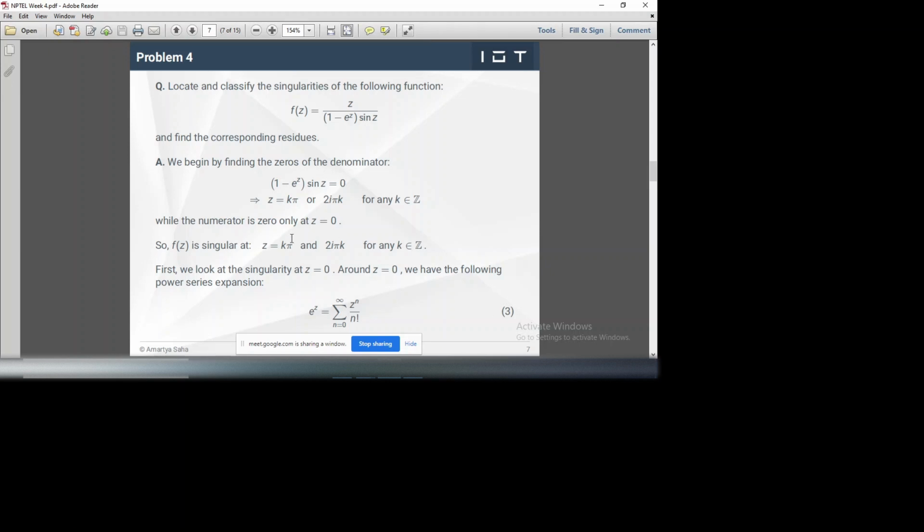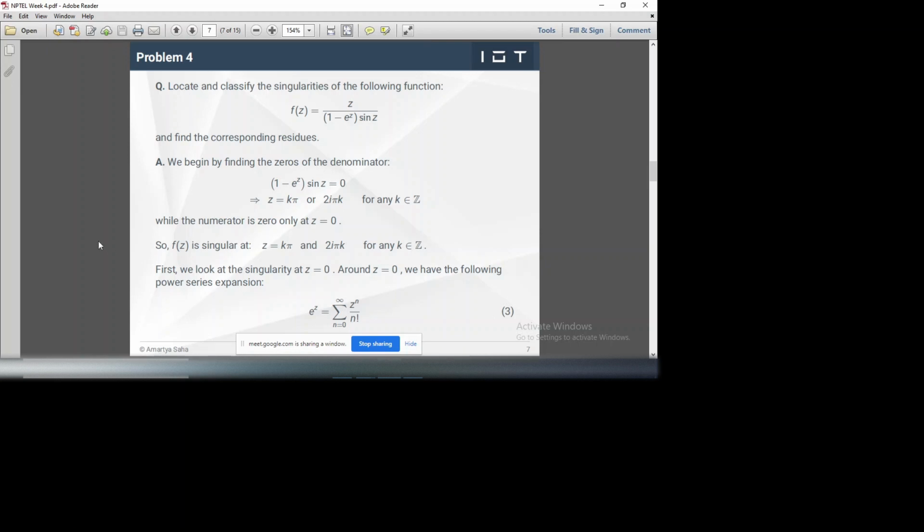Please note that z equal to 0 is also included in this set, because put k equal to 0 and you get z equal to 0, and that is the position of the zero of the numerator.